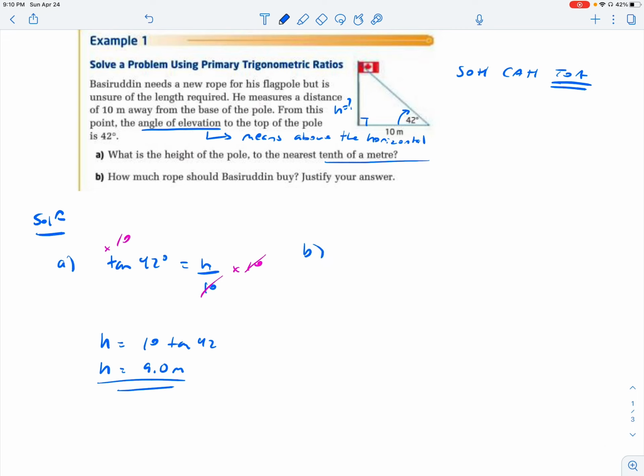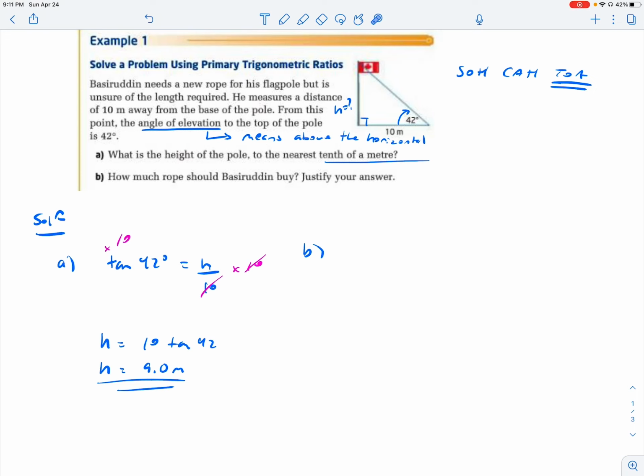Okay, part B, it says how much rope should Bassarudin buy? Justify your answer. Now we're looking for the hypotenuse. Actually, the rope for the flagpole should probably be the height of the flagpole because you pull on the rope to lift the flag.